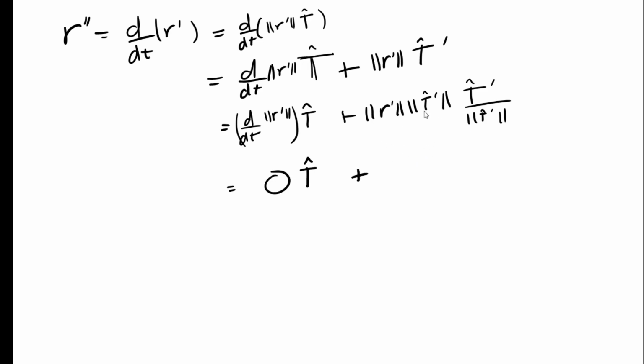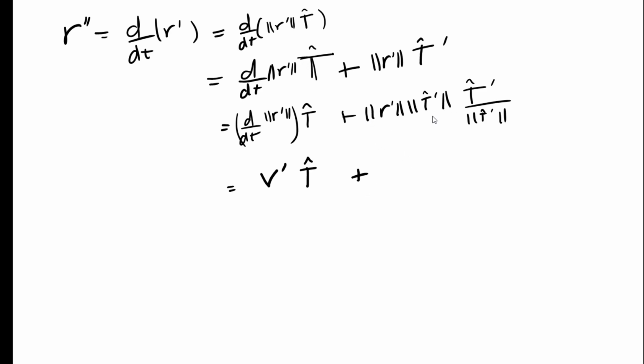Plus, and I'll show you guys another way to work this that may or may not be simpler. But let me write this as v prime. So v would be for velocity, the norm of r prime.